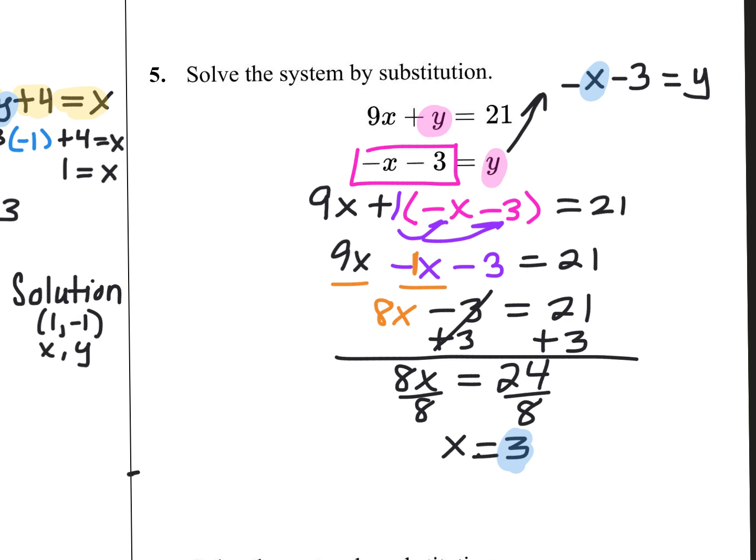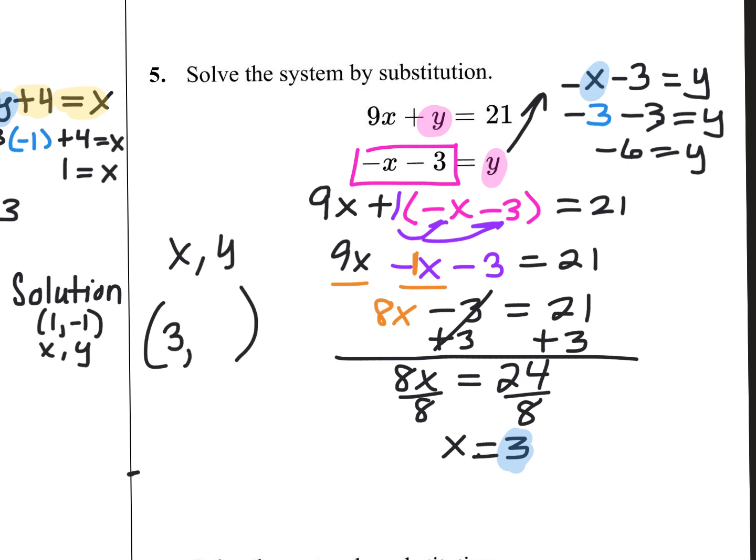So I'm going to say negative 3, because that negative just goes in front of the 3, minus 3 equals y. Negative 3 minus 3 is negative 6. So my solution is, again, x comma y. So it's going to be 3 and negative 6.